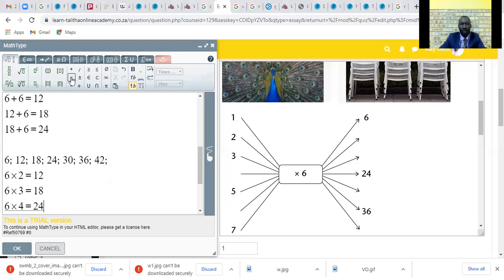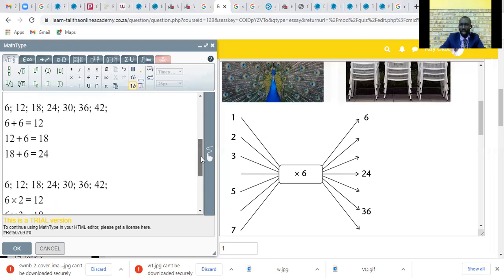So yes, addition appears to be quite obvious or a little bit easy to deal with when we are talking of the rule to get to a sequence. Like here, we could say, each of these terms is having 6 added to it. And obviously, that would work.